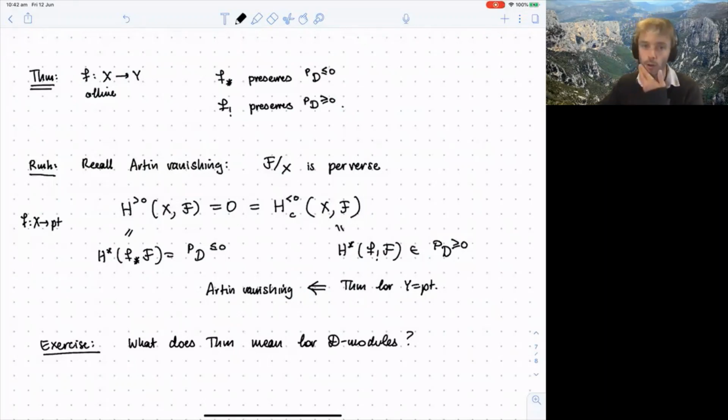So basically where we want to go now is that convolving with a delta x or convolving with a nabla x is given by a star or a shriek along an affine morphism and therefore satisfies exactness properties.